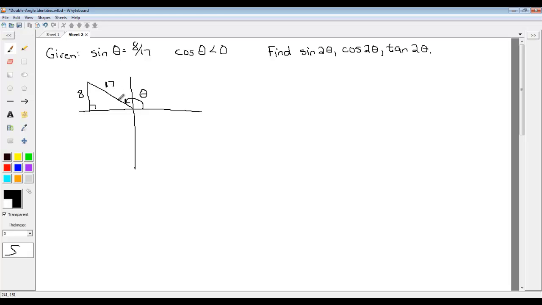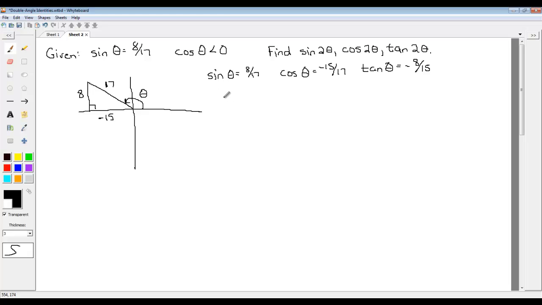If you do a little Pythagorean theorem to solve for the missing side, you get 15, but it's on the negative x-axis, so it's negative 15. So we know the sine of theta is 8/17, the cosine of theta is negative 15 over 17, and the tan of theta is negative 8/15.